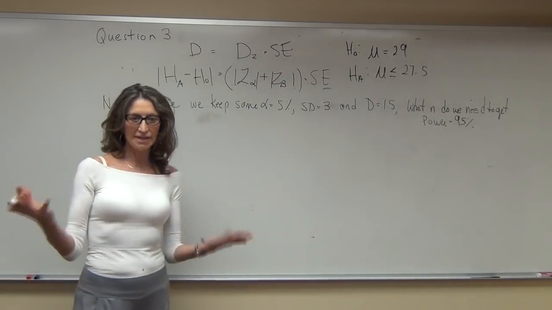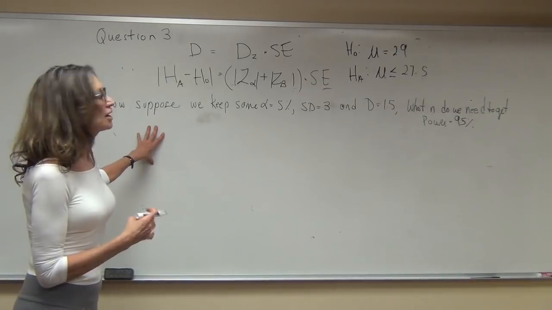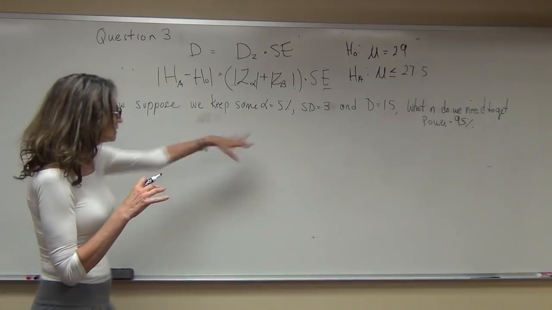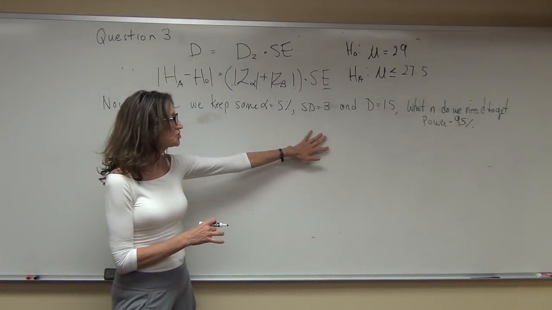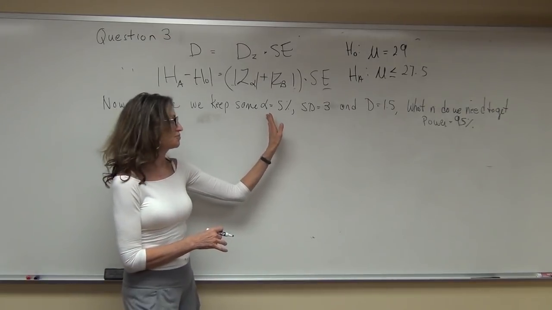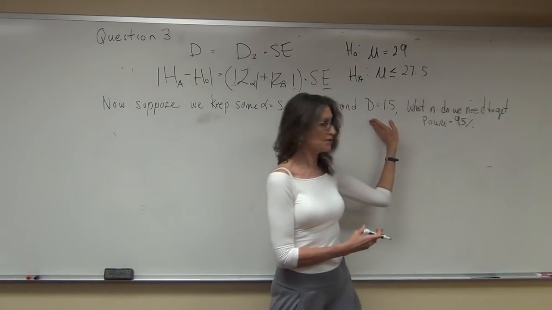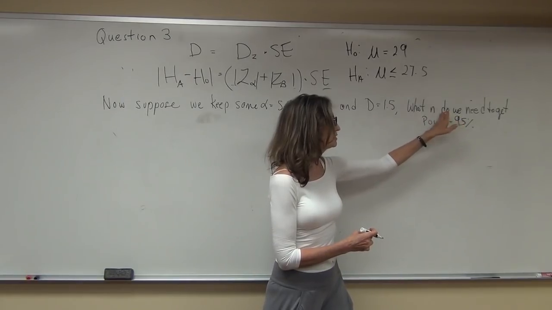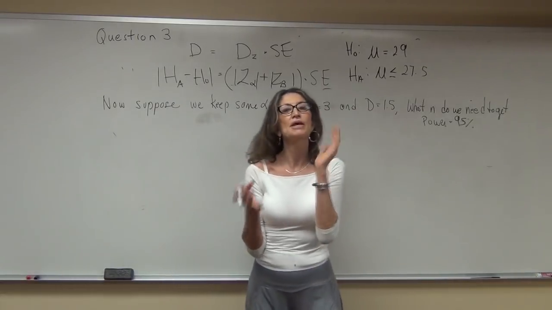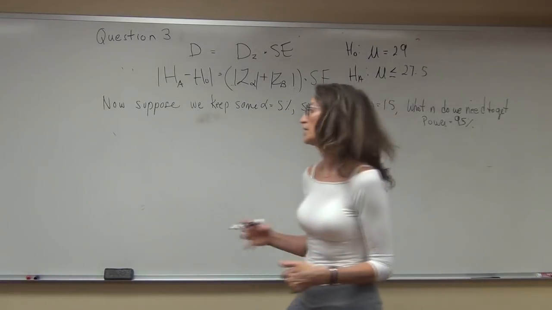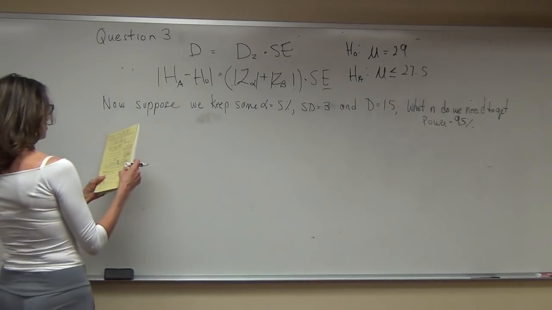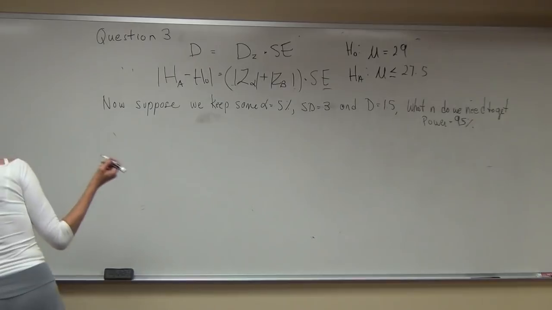Okay, now the next part of the problem is actually a much more common type of calculation. Let's keep everything the same, so we have the same alpha equals 5%, SD, same effect size, and now what n do we need to get power equal to 95%? Remember, we only got power equal to 80%. Now we want to change it to 95%. So the first thing the question asks you to do is calculate beta.